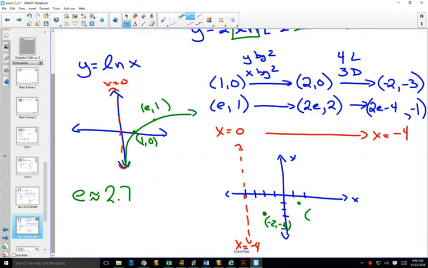And when we label it, we can still label it as 2e minus 4, comma minus 1. And we get our second point. Now, that's what makes this one a little bit more difficult, is getting a place for that point. Connect your dots, draw it towards your asymptote, and we've got our logarithmic graph.